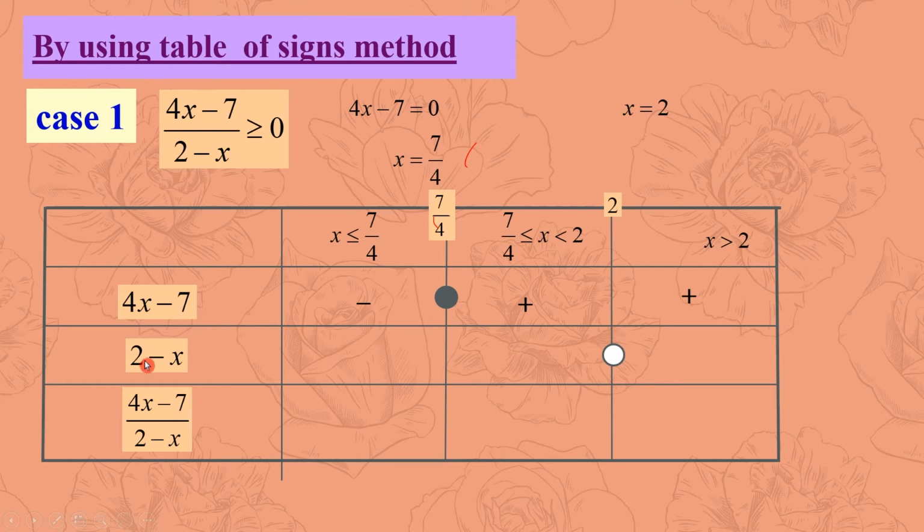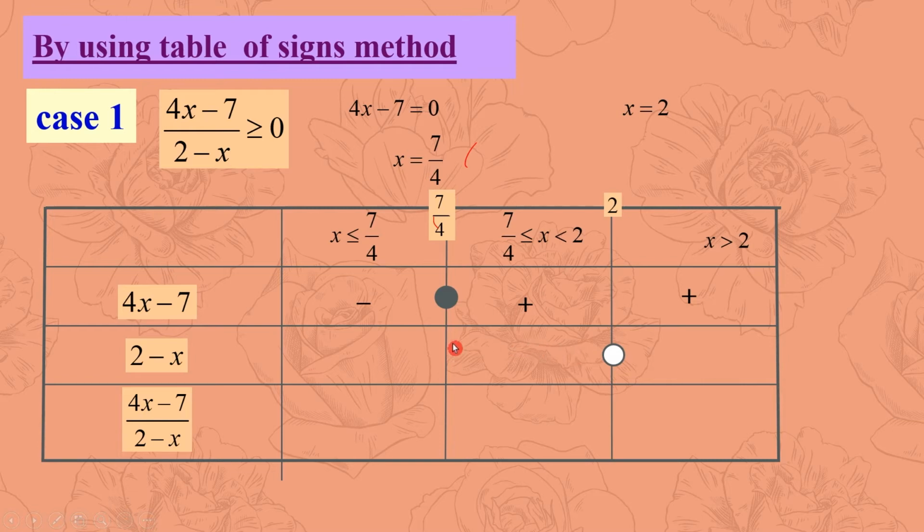Next, the second factor, 2 minus x. The pair is x equals 2, which is over here. Let's say we take any number greater than 2, which is 5. So 2 minus 5 is negative. So we straight away put negative over here.